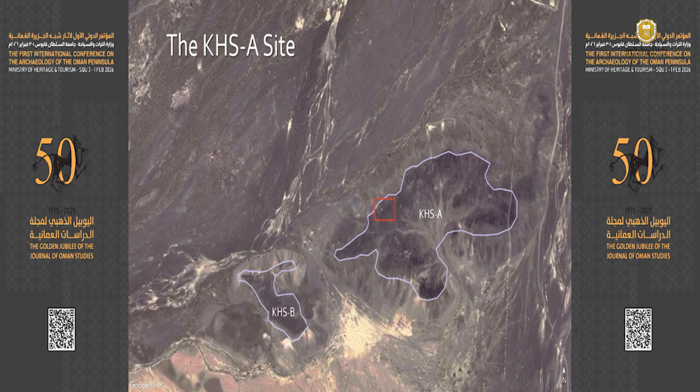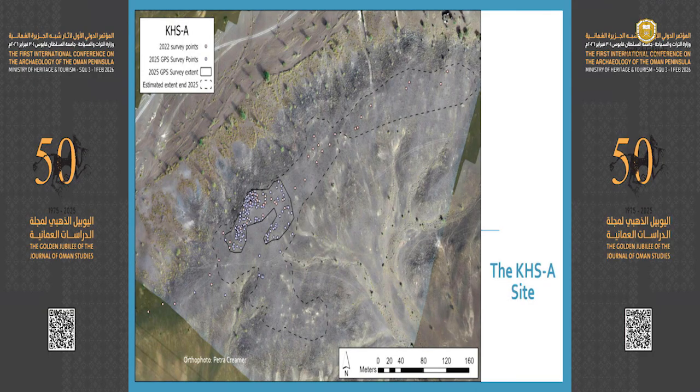The largest of the discovered sites is Kashba A, which is the focus of our presentation today. KHS-A is located at the top of a relict Pleistocene terrace and consists of a huge amount of stone features and lithic scatters. The stone features are often very eroded and very hard to distinguish apart.